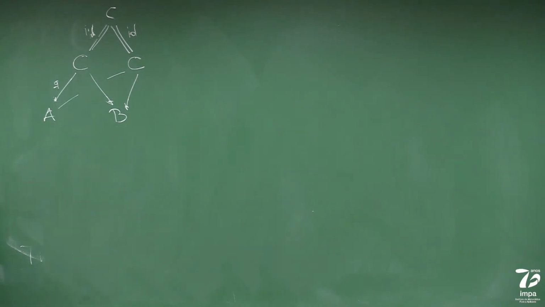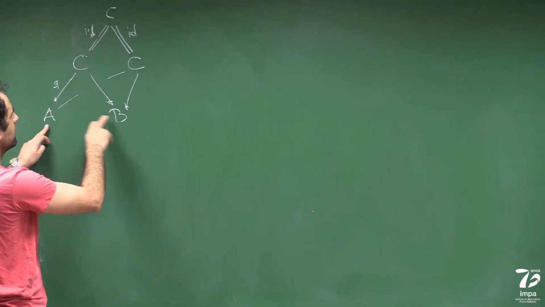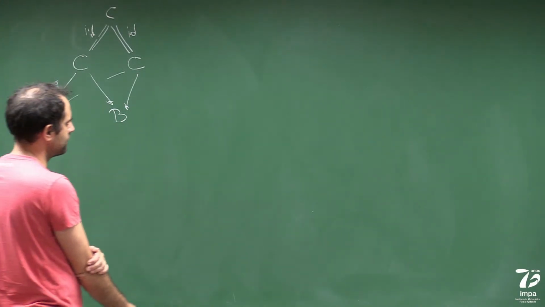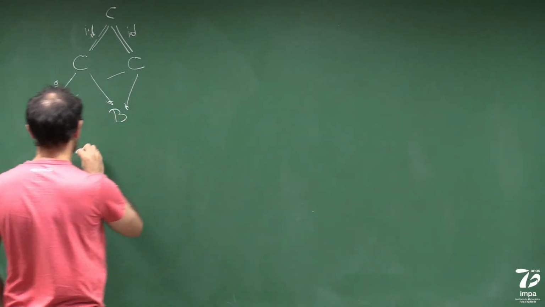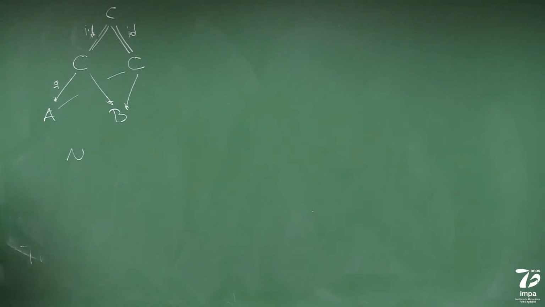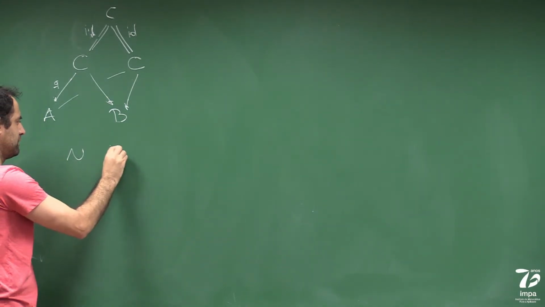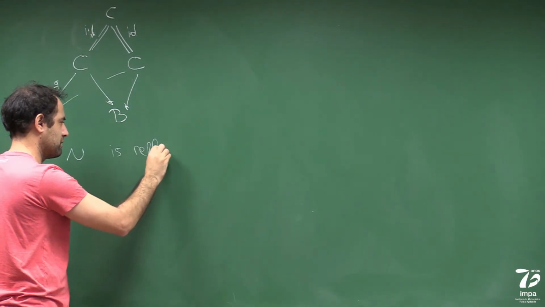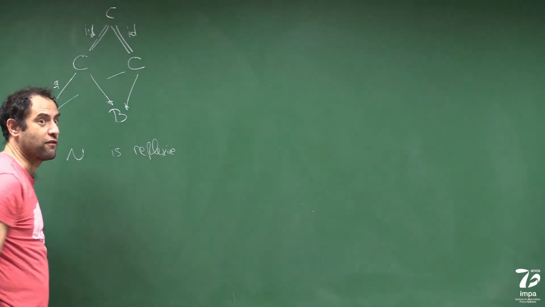So this means that this morphism is equivalent to itself. This relation is, what is it called? Reflexive, when something is equivalent to itself? I never remember these things. Whatever, it's equivalent to itself.